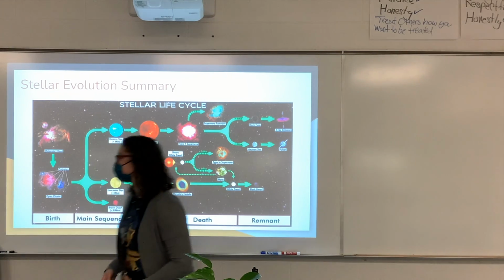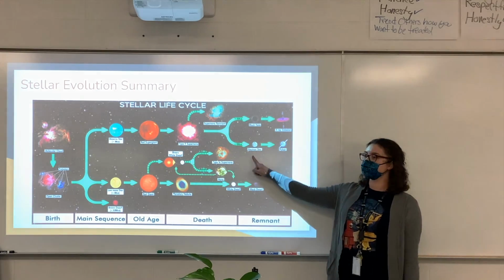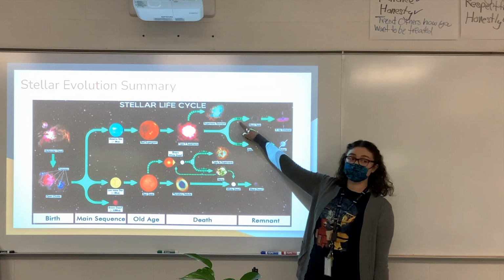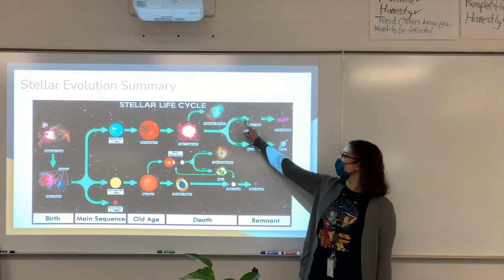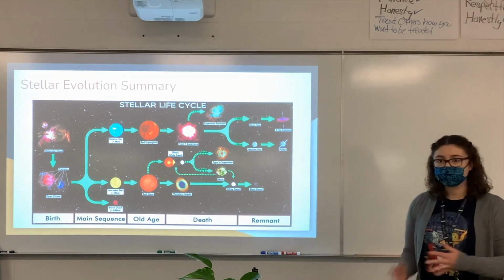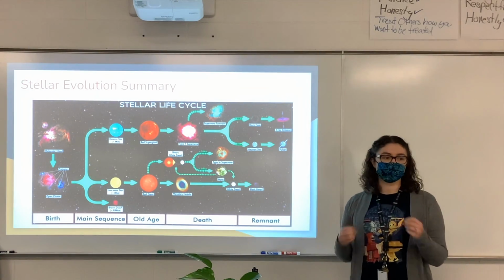Yeah, if it's less than 40 times the mass of our sun, it's just going to collapse into a neutron star, probably a pulsar. If it's greater than 40 times the mass of our sun, that's when it'll collapse into a black hole. And that is the whole shebang with stellar evolution.